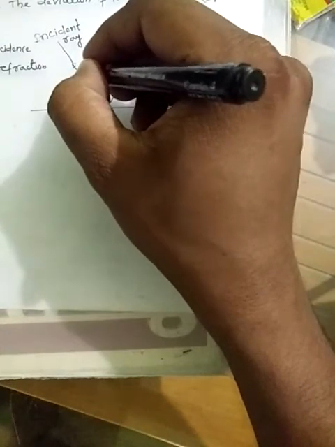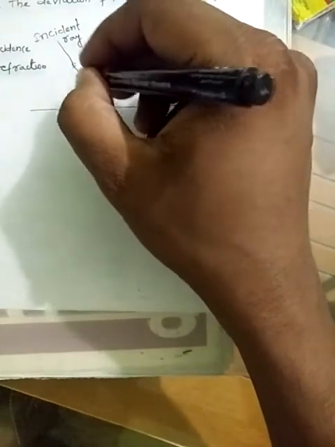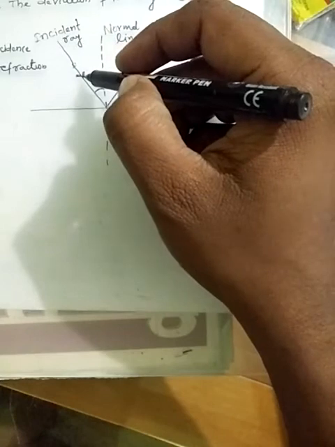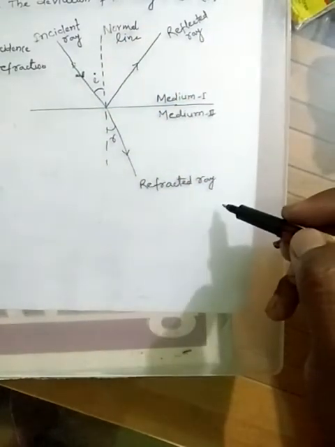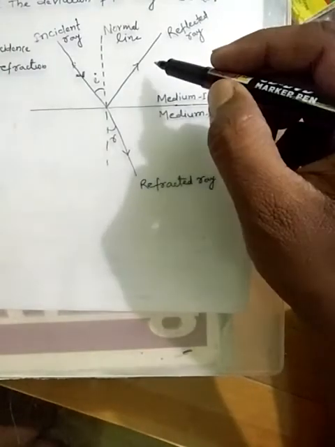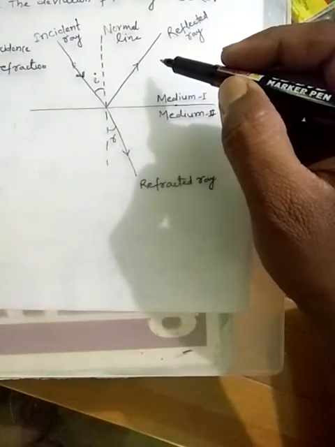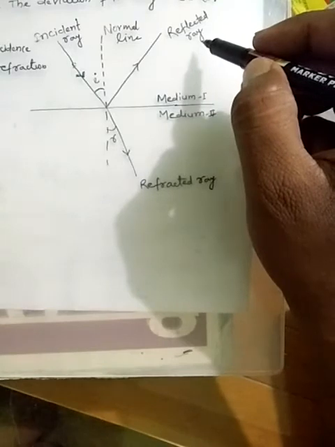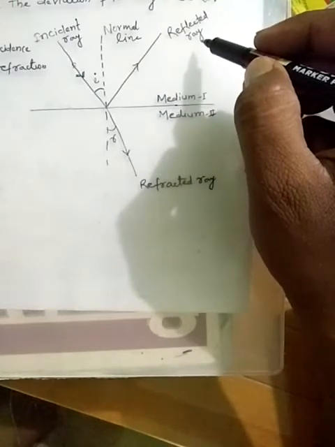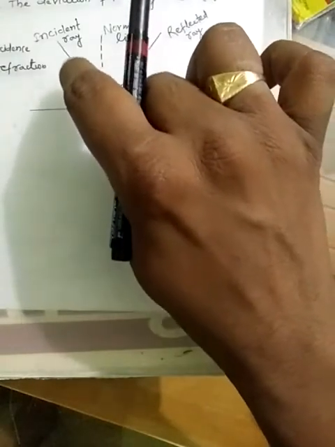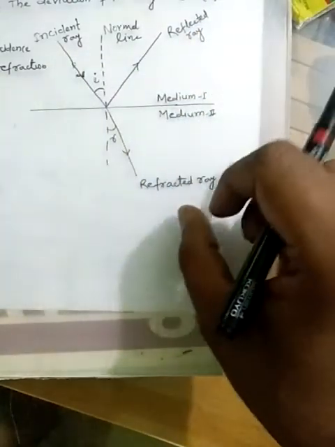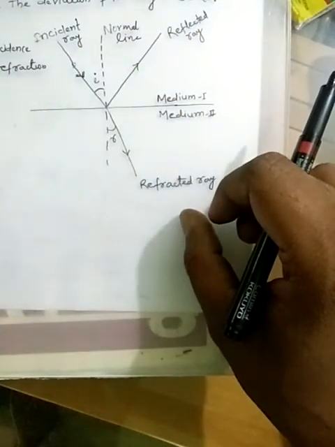The direction of the ray is shown here. This is the incident ray and this is the refracted ray. And if reflection takes place, then this will be the reflected ray. We have to consider these two rays, incident ray and refracted ray.